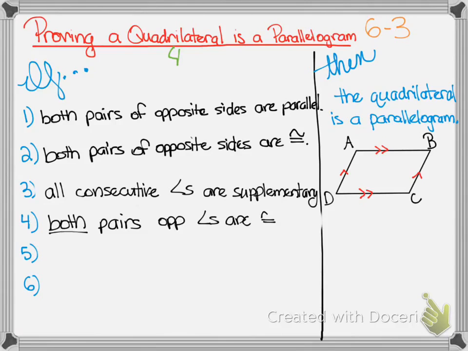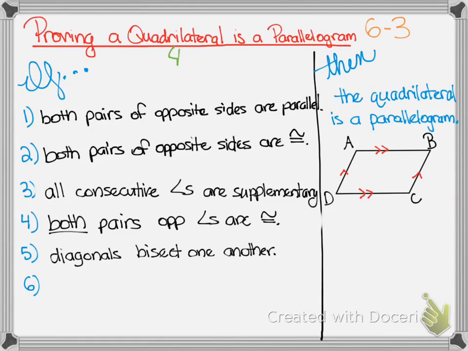Then we know it's got to be a parallelogram. Okay, the 5th one, which is the final property that we had from yesterday, is that the diagonals bisect one another. The diagonals bisect one another. So that finishes out the properties of parallelograms and the definition.